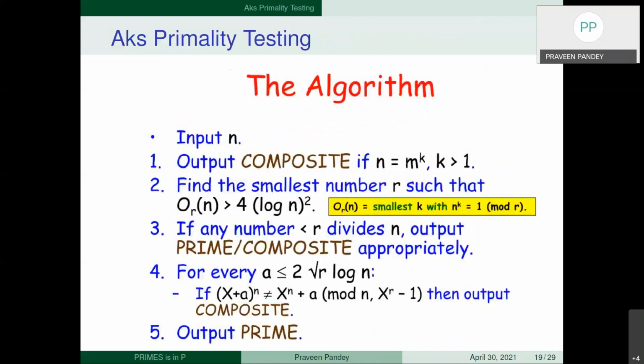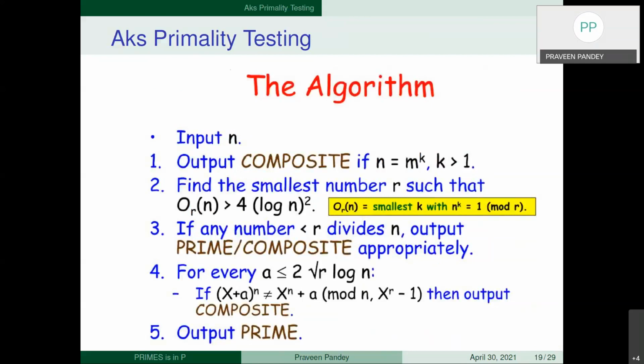So what was the algorithm? We have an input n. We output composite if n is equal to m raised to the power k for k greater than 1. Then we find the order of n: ord_r(n) is the smallest k such that n raised to the power k is equal to 1 mod r.